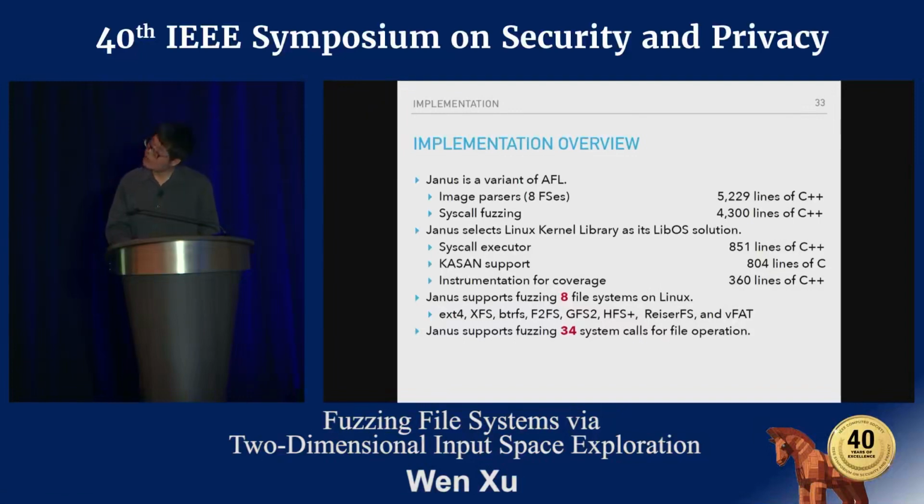I mean, is there any steering on particular types of metadata to change? Oh, no. We mutate all the metadata. We make a parser for each file system, and we fully parse an image and get all its metadata. Okay, thank you. We don't differentiate among metadata.